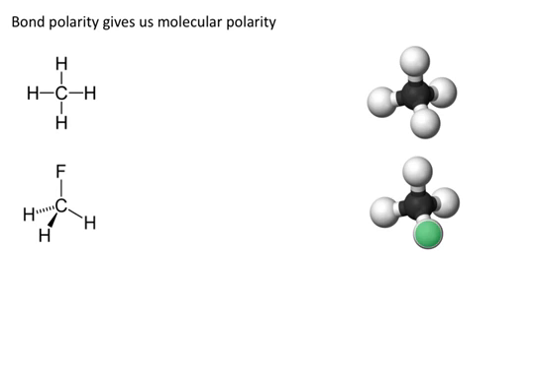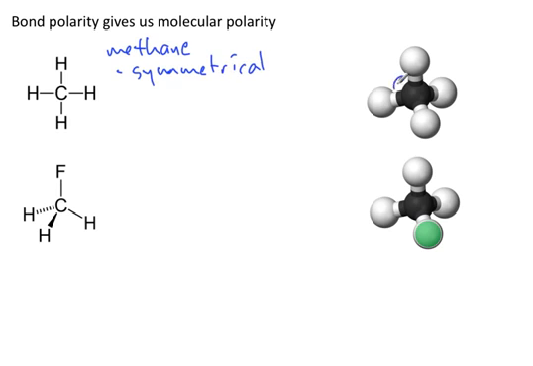Once we've got the bond polarity sorted out, we want to take a look at the molecule. Again, we have to look at the shape. Two things: the bond polarity and then the shape. If we go back to methane, CH4, and draw the Lewis structure, it looks very symmetrical, everything nicely and evenly spaced out. And it is in fact symmetrical.